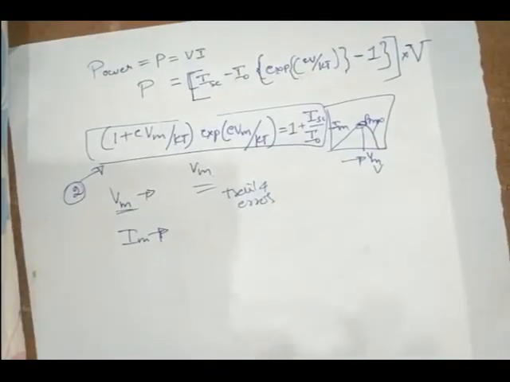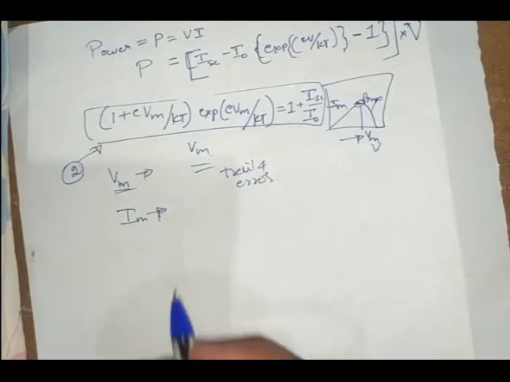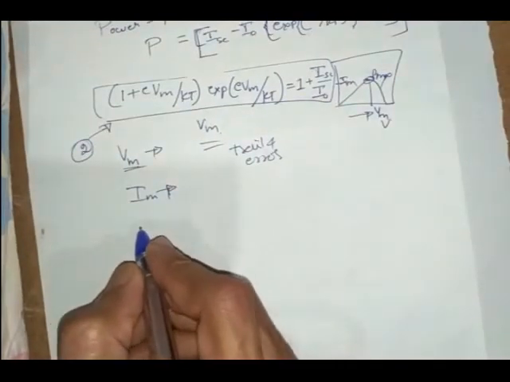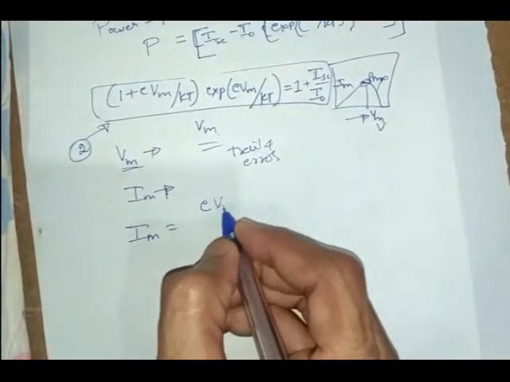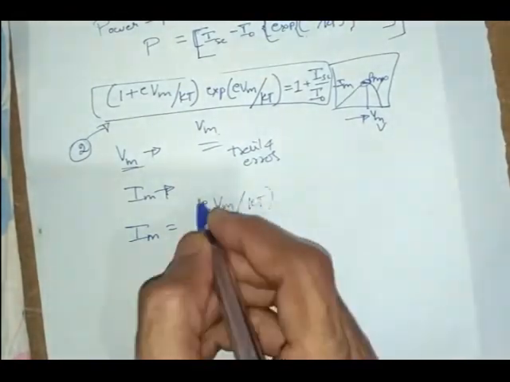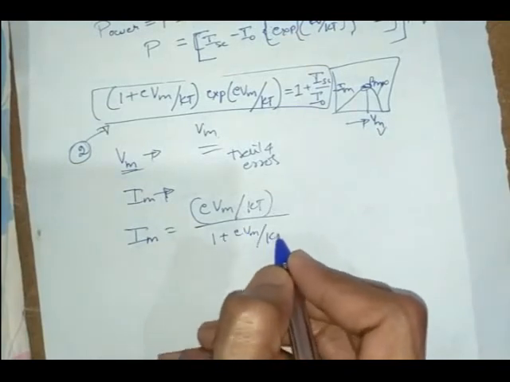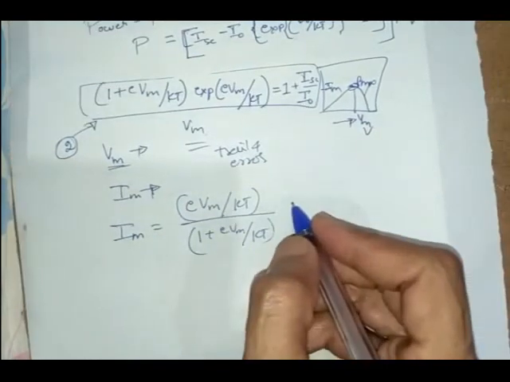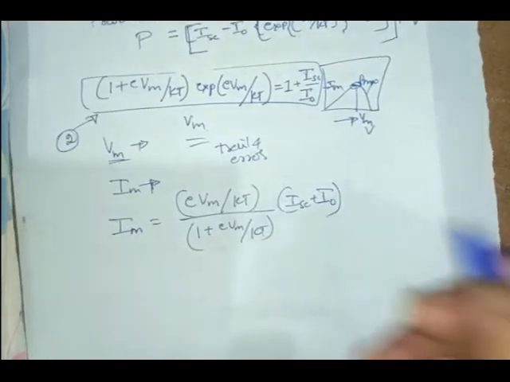So after substituting equation 2 in equation 1, we should be able to get IM as EVM by KT divided by 1 plus EVM by KT, into ISC plus I naught.